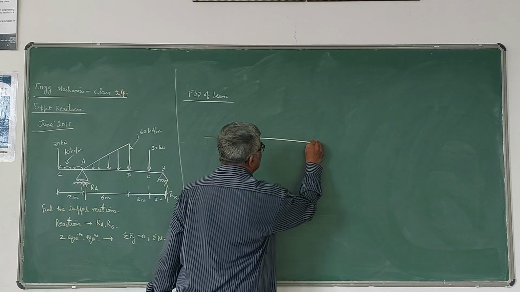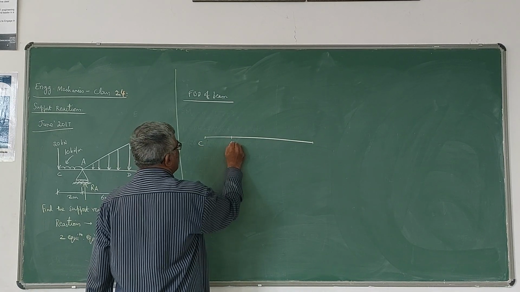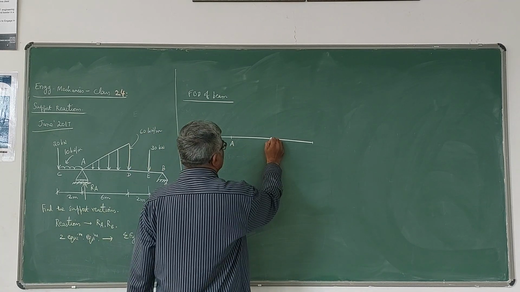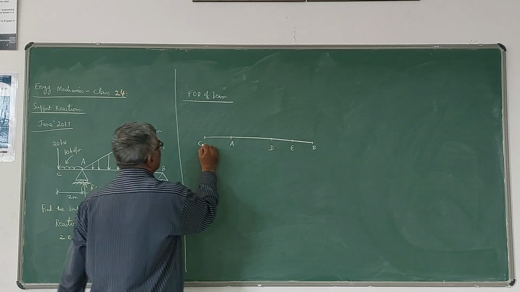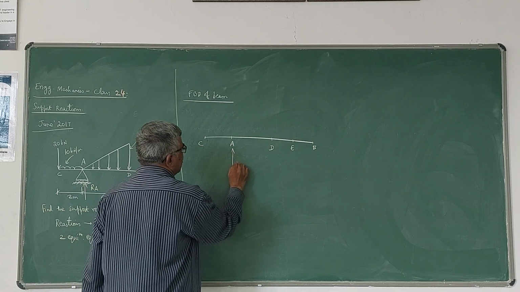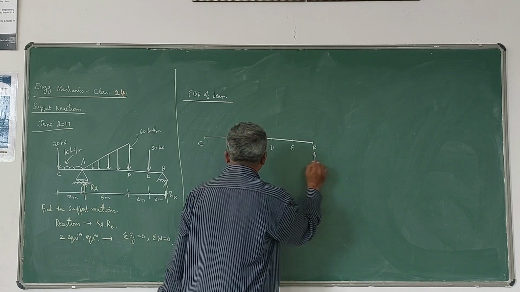So I will write the FBD like this. This is C, this is A, then D, E, B. At A you have a reaction RA, and at B also a vertical reaction RB.